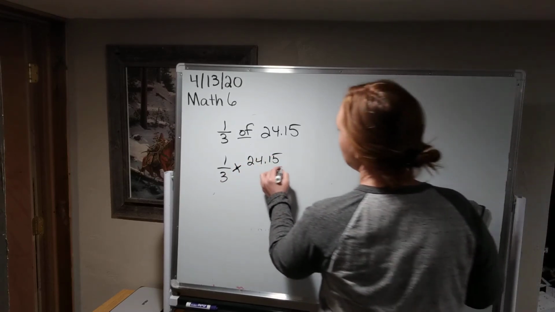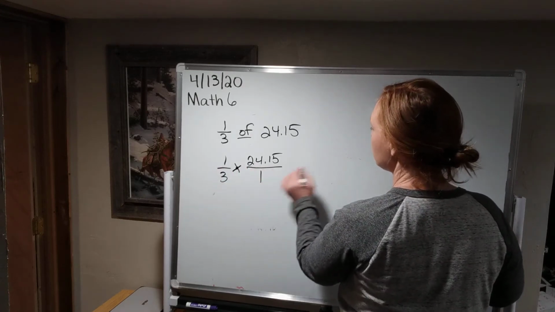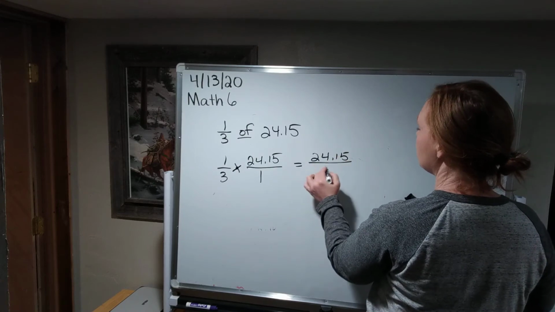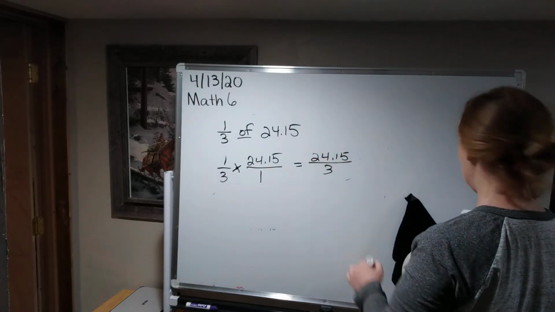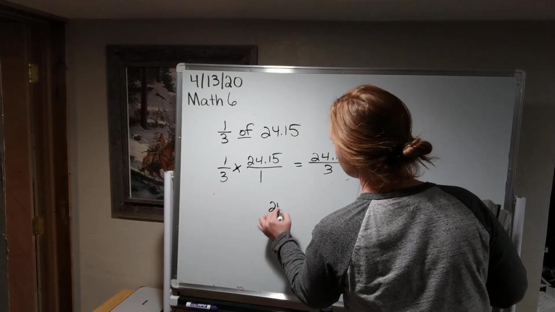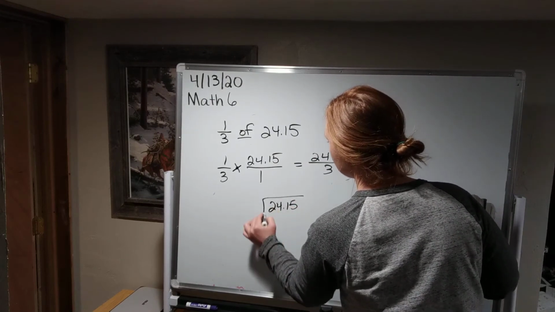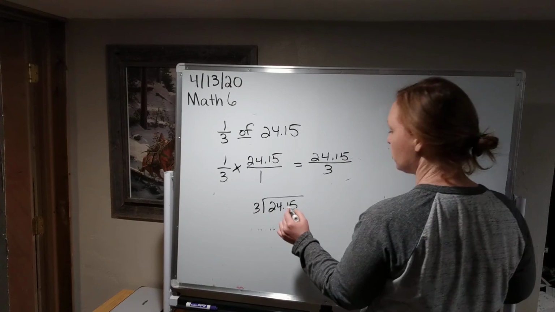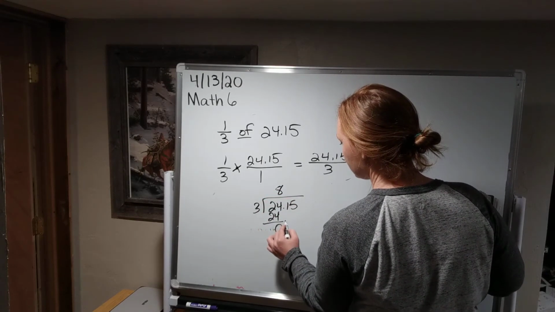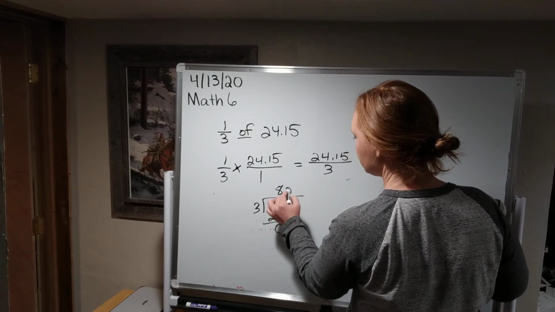Now I'm going to put this one over 1 and I'm going to multiply across. $24.15 over 3. Now I see just a division problem. So $24.15 divided by 3. 3 will go into 24 8 times. Bring down the 1. 3 will go into 1 0 times.